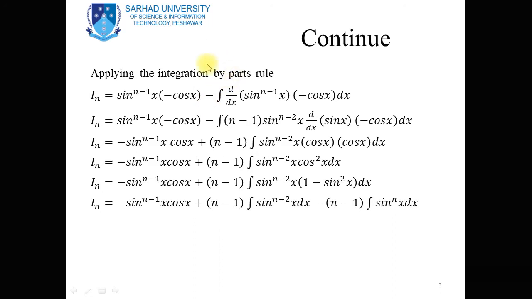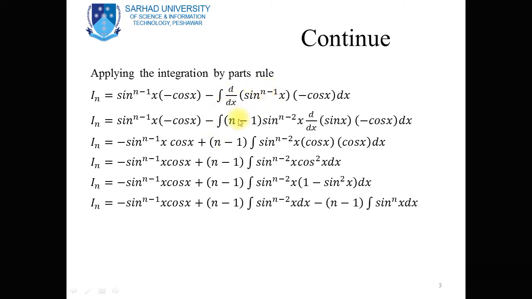Now, minus the integration of the derivative of the first function and the integration of the second function. Now, sine x power n minus 1 times minus cos x, minus the integration of the derivative of the first function.